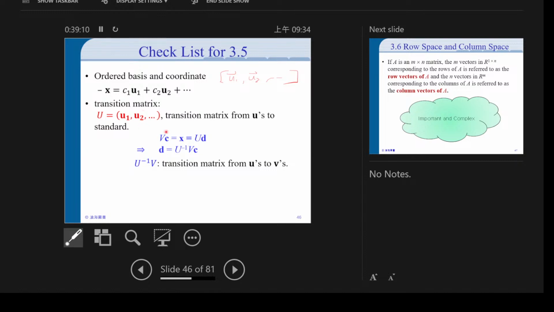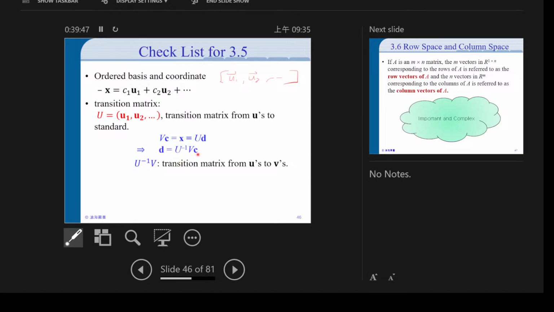Whenever we have different coordinates for different bases, the coordinates times the transition matrix for the basis will equal the other coordinate times the other transition matrix. So VC will equal your vector D times U D. And from this equation, you can calculate how to change from one coordinate to another. D will just equal U minus 1 times V times C.